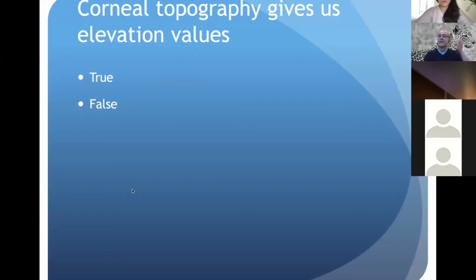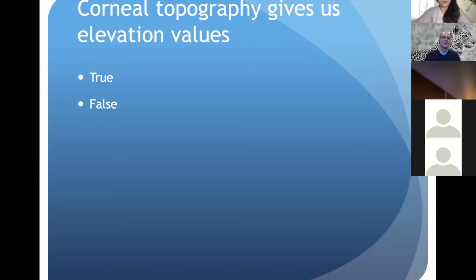To start off, I thought we'd just have a couple of pre-lecture questions, and you can look out for these answers in the lecture. Question number one is, corneal topography gives us elevation values, true or false? We don't have a poll for this, so you just have to keep your answers to yourself.